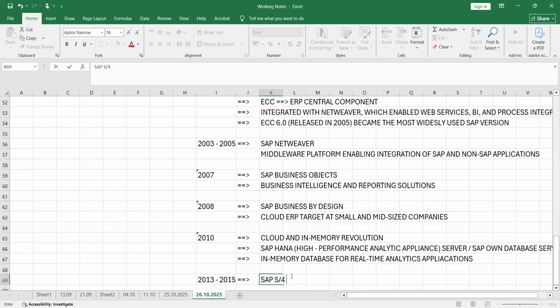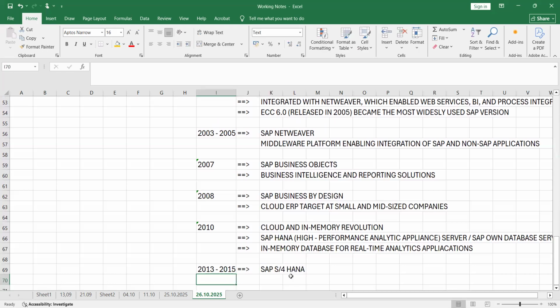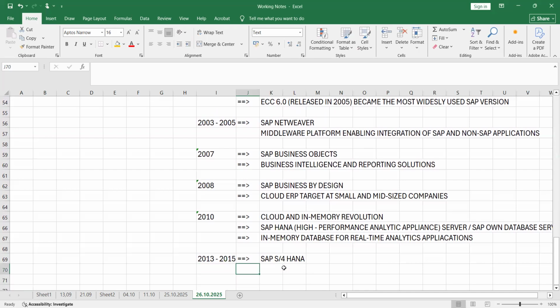S4 HANA means whatever modules were working on third-party databases, they are migrating to the HANA database. S stands for suite, as I said yesterday. 4 is nothing but fourth generation, S4 HANA database.